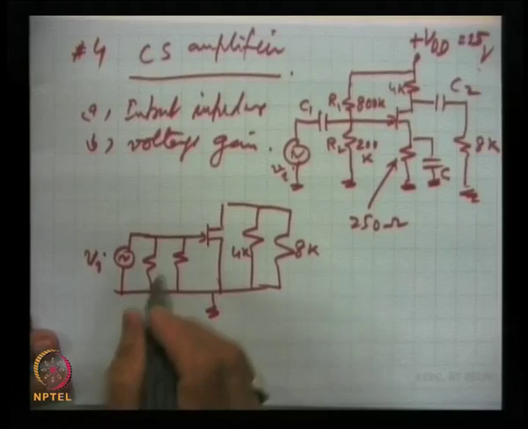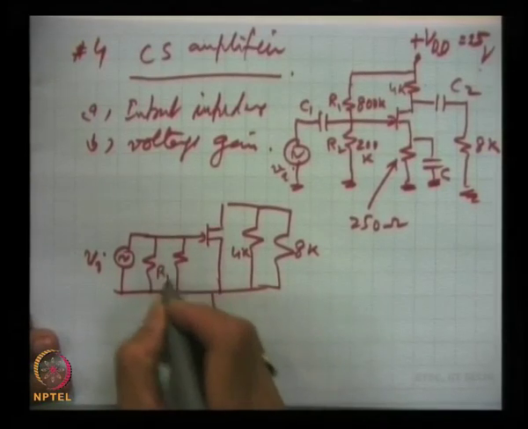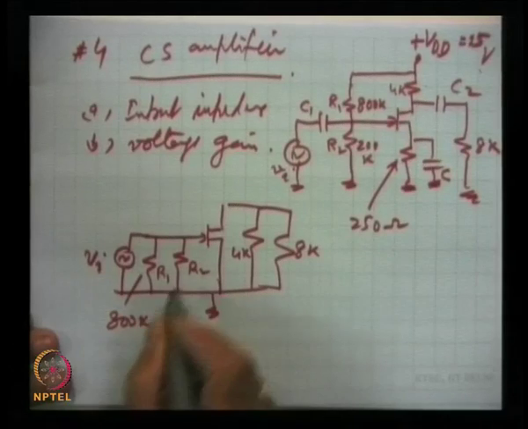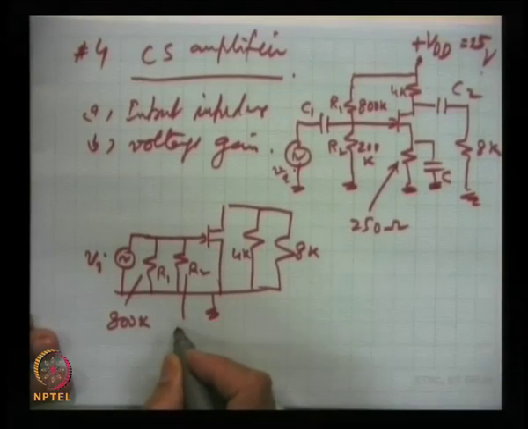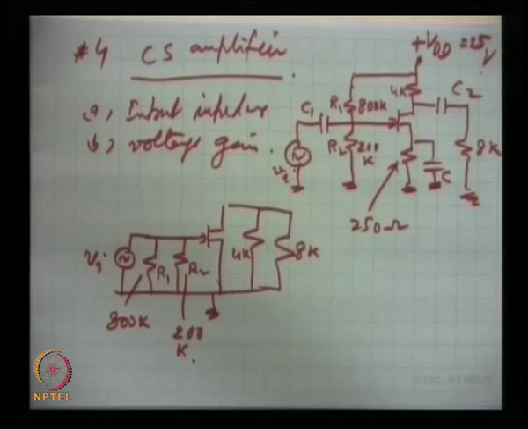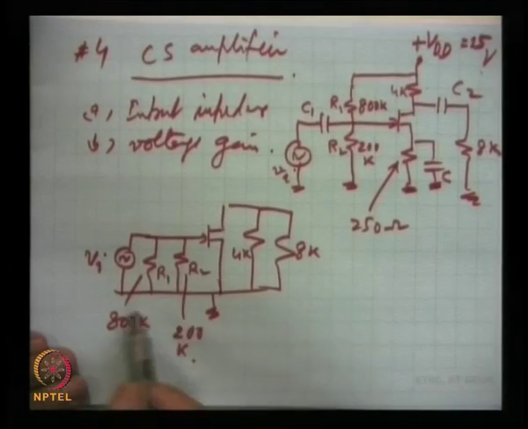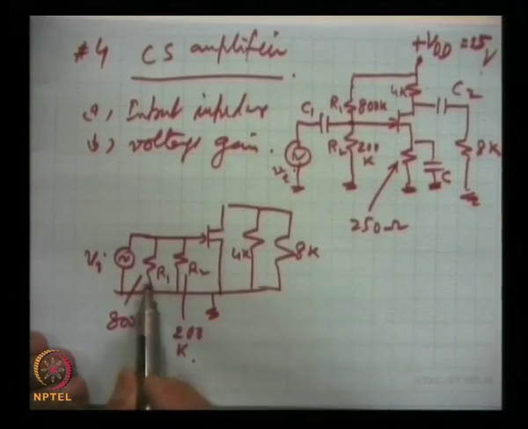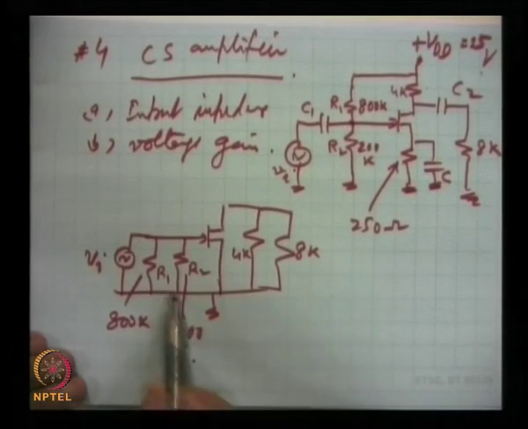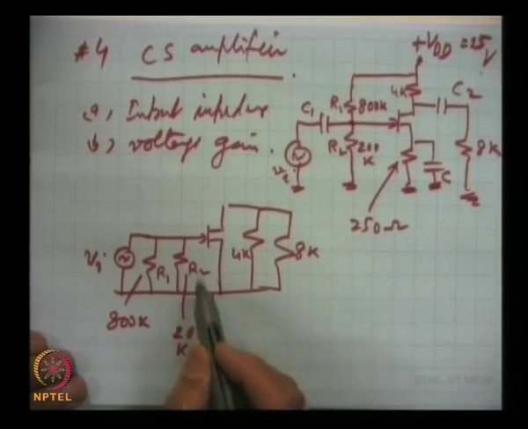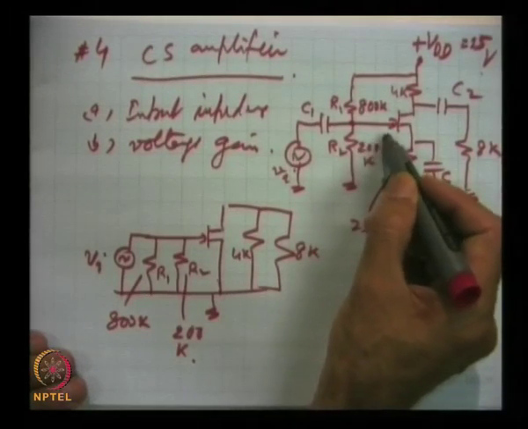This is the equivalent circuit. This is R1, this is R2, this is 800K, and this is 200K. Now, first the input impedance. Input impedance we are seeing in the equivalent circuit that they are coming in parallel, and to this will come the impedance of the device itself, the input here.